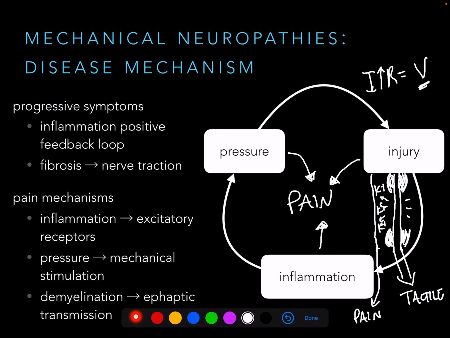Don't forget, when we increase potassium outside, that leads to depolarization of the nearby axons. So now, even though the action potential was running over here in my non-painful tactile fiber, at the demyelinated site, it jumps over here through the release of potassium and stimulates the pain-sensing fibers through good old ephaptic transmission.